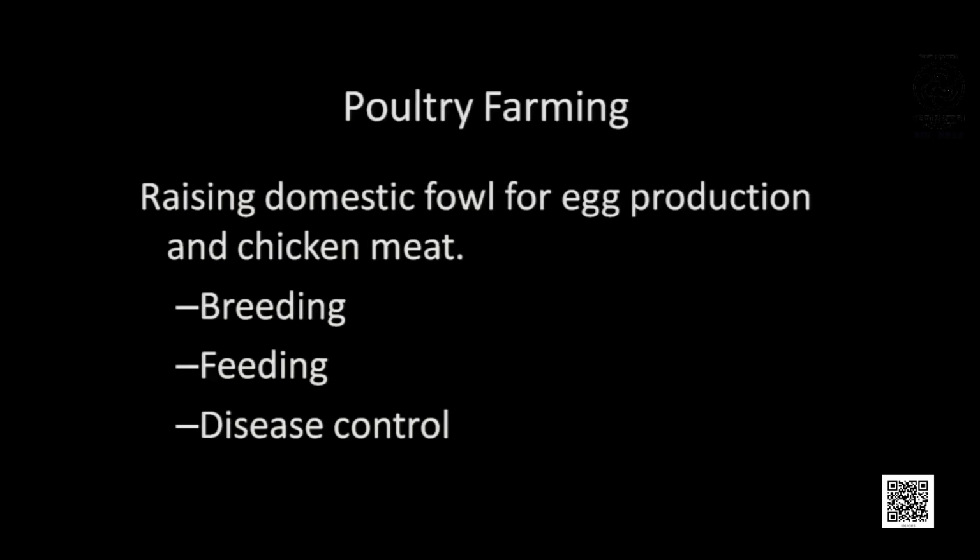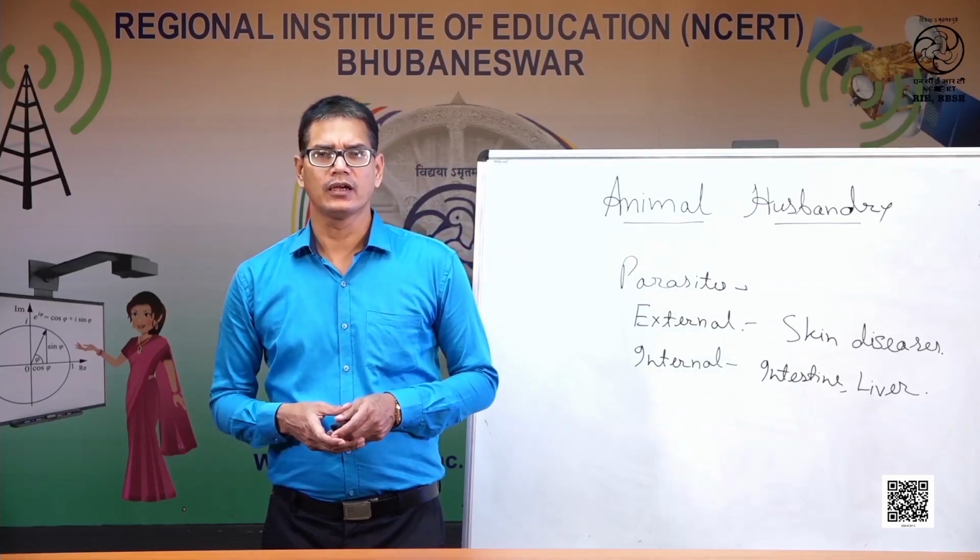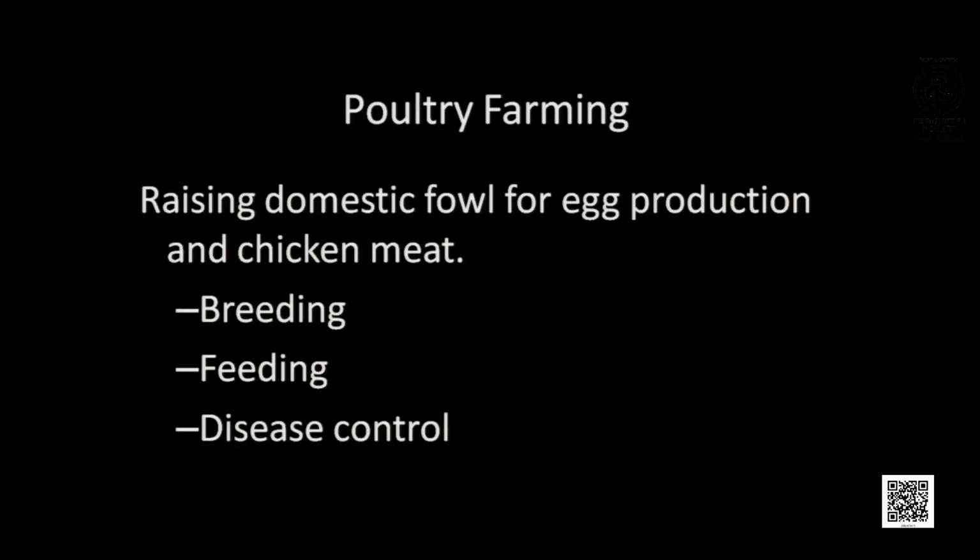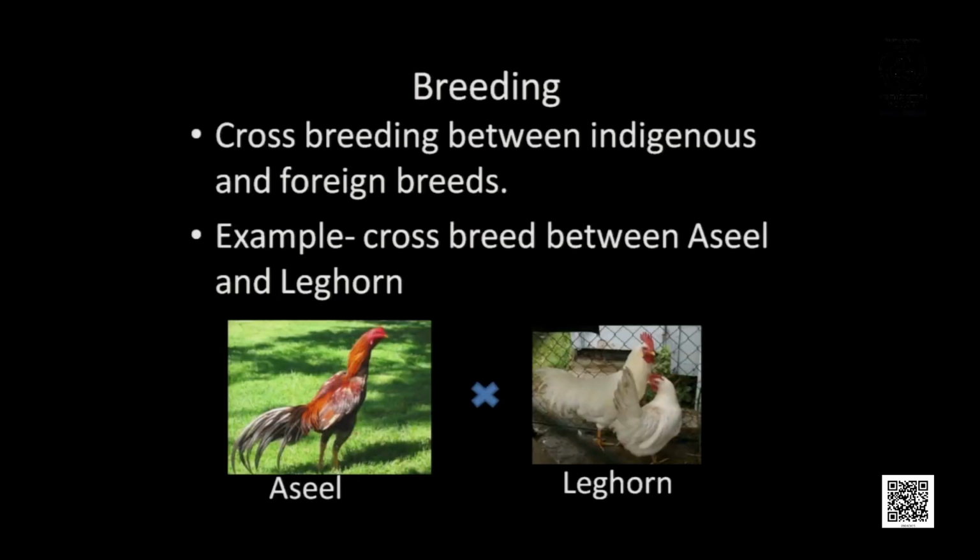Now next one is poultry farm. It is very easy and effective in India. It is actually raising domestic fowl for egg production and chicken meat. Again, management requires breeding, feeding and disease control. First one is breeding. It is crossbreeding between indigenous, that means local breed, with foreign breed.